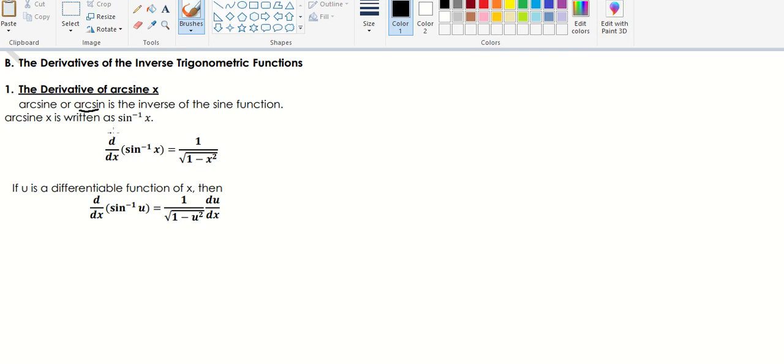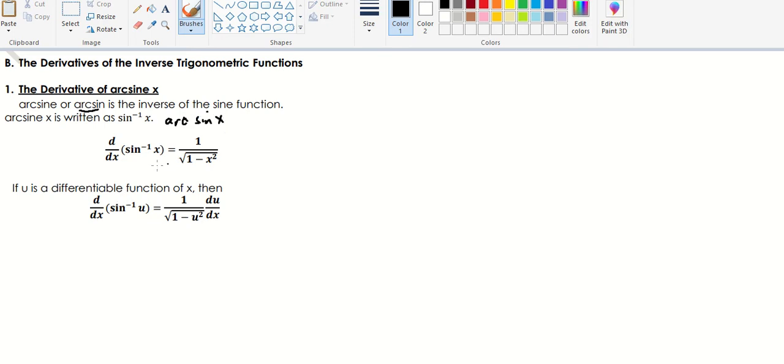Arc sine x is written as, pwede po ito, sine raised to negative 1 x. Pero hindi po yan binabasa as sine raised to negative 1 x, kundi binabasa yan as arc sine x. Again, hindi po yan sine raised to negative 1. Okay? That means, pag binasa ito, dapat po, pagbasa nyo po dito ay arc sine x.